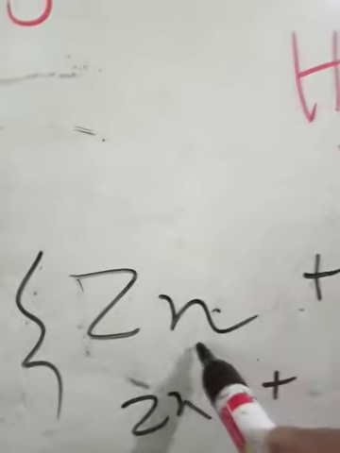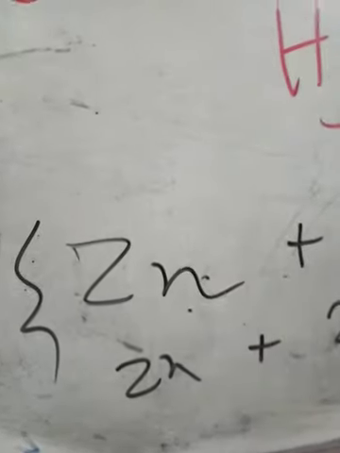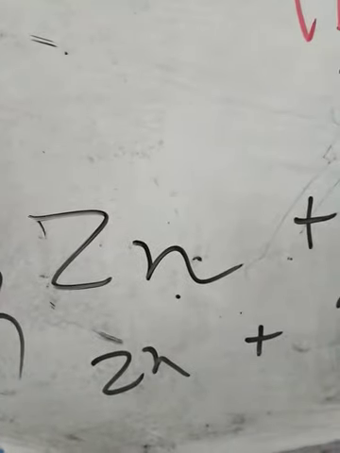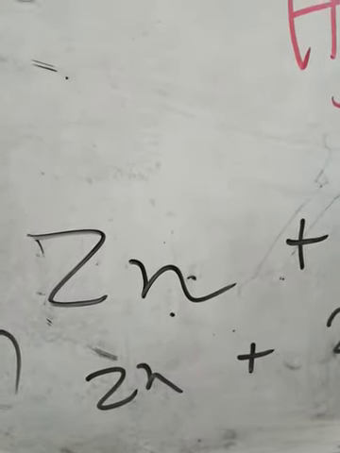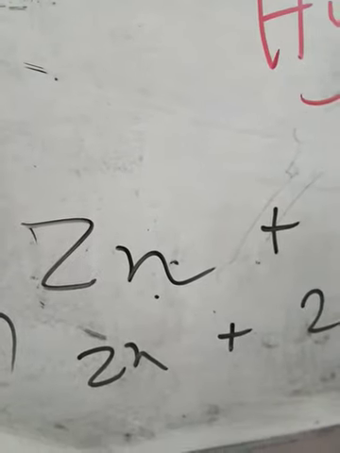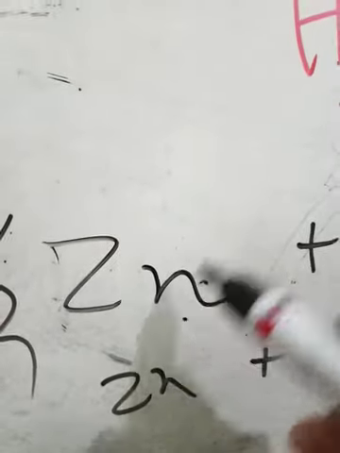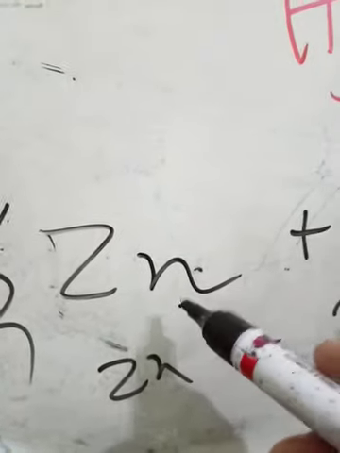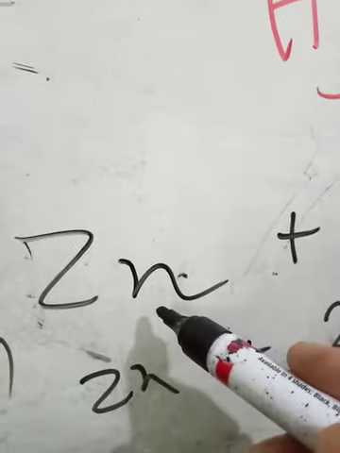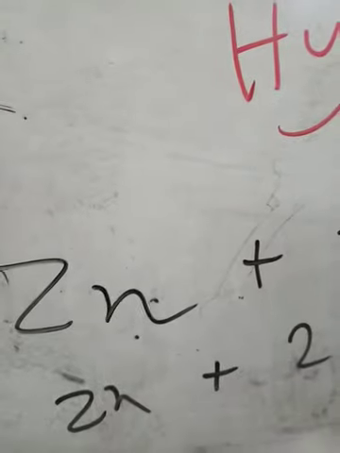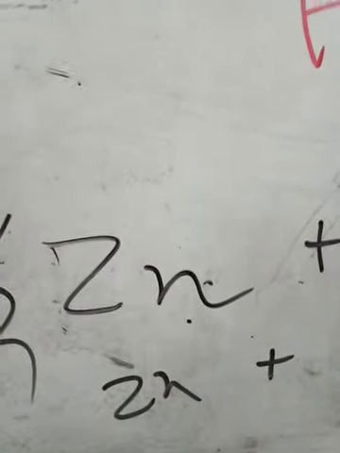Here granulated zinc is taken because granulated zinc is impure. It is mixed with some different metals like copper, cadmium, silver, etc. Two different metals, when coming in contact with acid, form a local cell, which activates the reaction and acts as a catalyst.